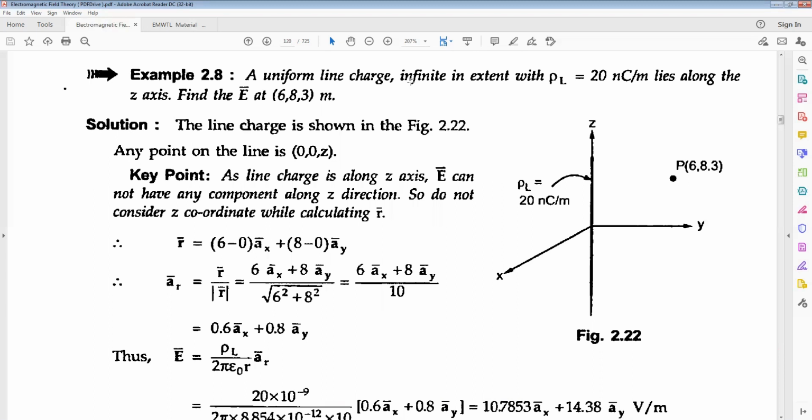Find the E bar at the point 6, 8, 3 meters. A uniform line charge infinite in extent.